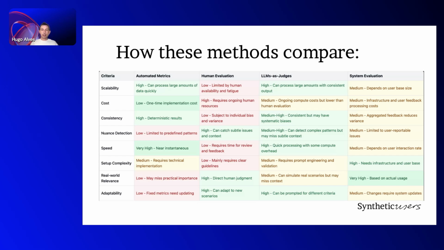So all of these are things that you need to take into account when you design systems to evaluate your generations. And sometimes it's a really high-stakes thing and you really want human evaluation. Sometimes it's a less important one, and you might get away with just using some kind of automated metrics. But it's up to you to decide the criteria you want to use, how to use them, and to which parts of the system to apply them.